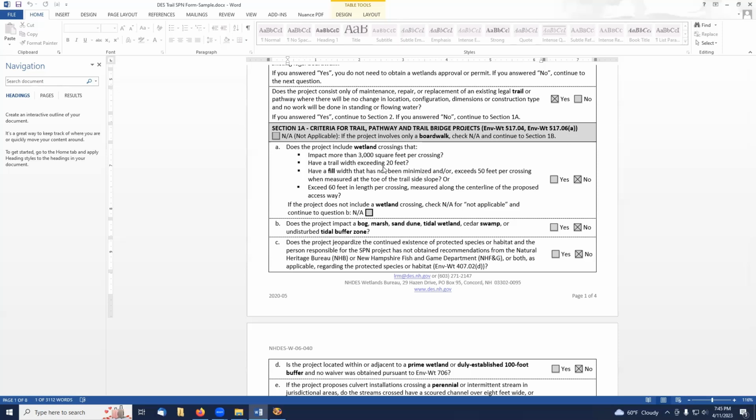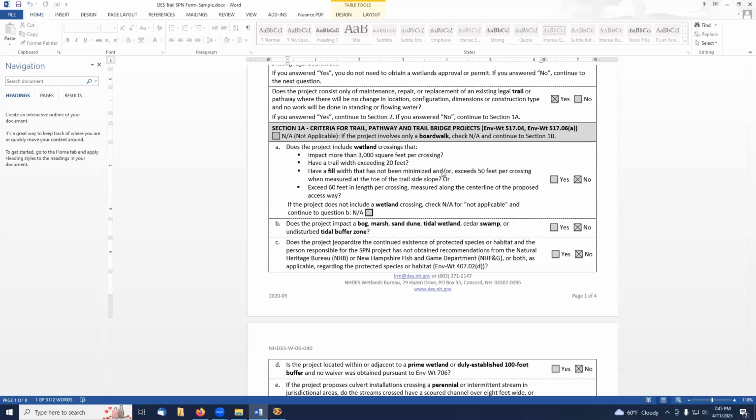And you want to make it known up front that you are going to be filling in this wetland area. And you want to note it on the map, but it is allowed, providing you meet these conditions.